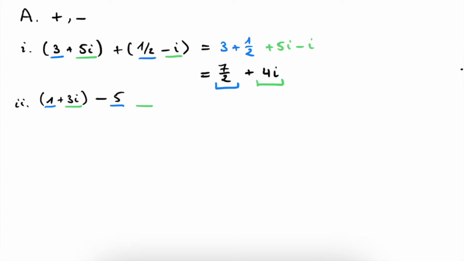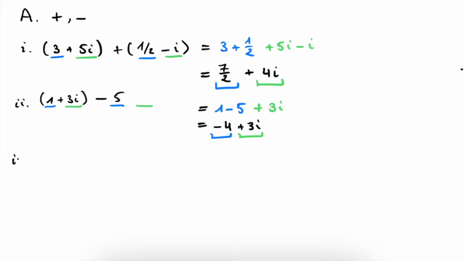Using again the same principle, that we do the operation on the real parts and the imaginary parts separately, we get for the real parts 1 minus 5, and for the imaginary part we have simply 3 times i. And this of course becomes 1 minus 5 is -4 plus 3i. Again a complex number with the real part being -4 and the imaginary part being 3.